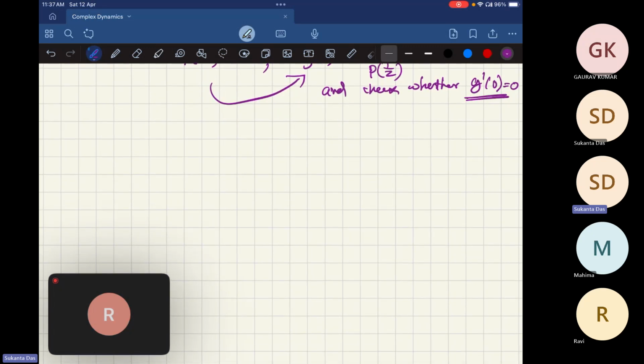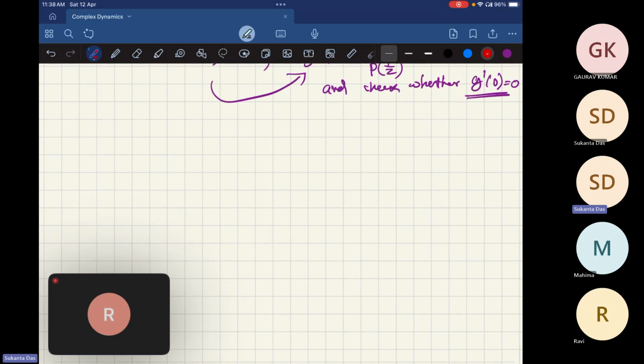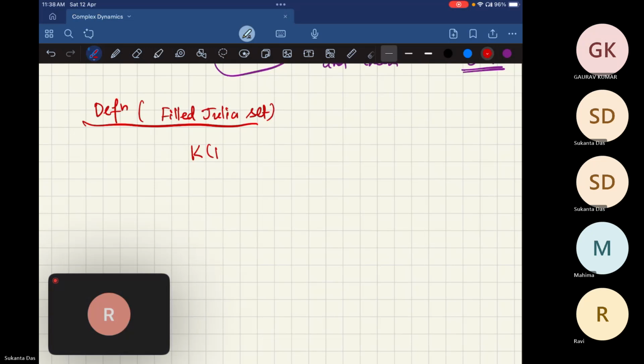Okay. Maybe I'll write some facts, which are basically theorems. Before writing this theorem, I think I should write one more definition, which is the filled Julia set. So what is it? The filled Julia set is denoted by Kp, and obviously it stands for a polynomial.